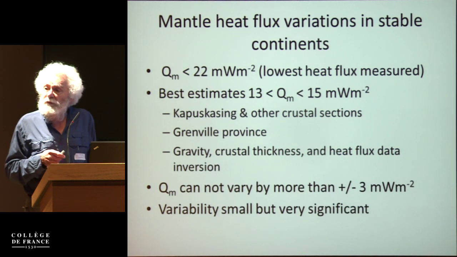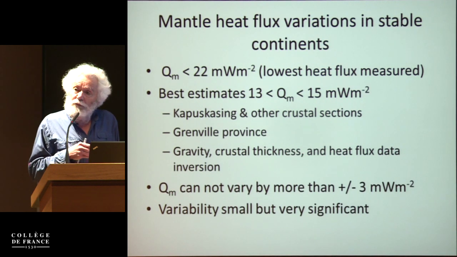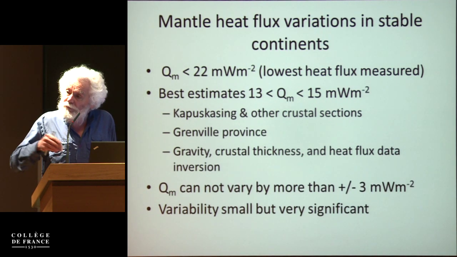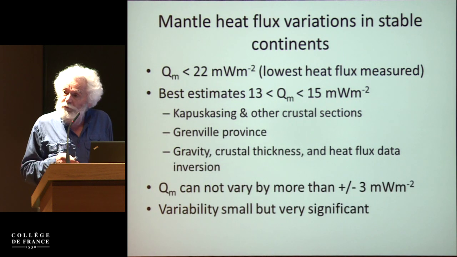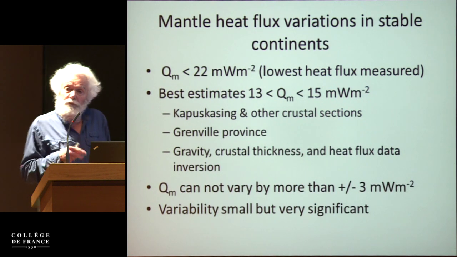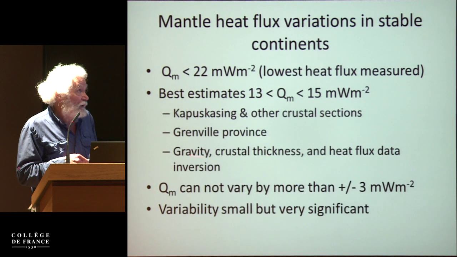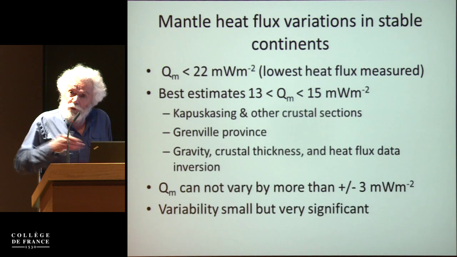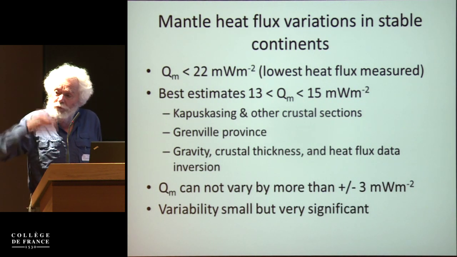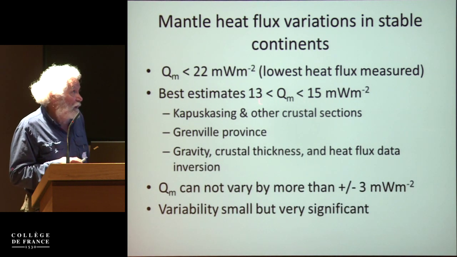In the Grenville province, different crustal levels have been exposed at the surface, and by sampling the heat production at the surface, we sample all crustal levels. Averaging the surface heat production horizontally gives also a good vertical average of the heat production. In that way, we also have obtained 13 milliwatts per square meter.